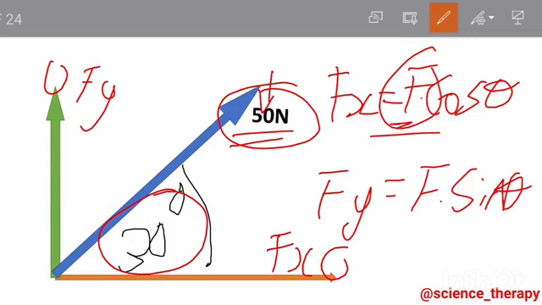So now you have to note one thing about the angle. The angle must always be from the x-axis to the resultant vector, or the vector that has been acted at an angle. So let's say we had 60 here, you have to note that we do not use the angle that is in between the y-axis and the resultant. So always it must come from the x-axis.